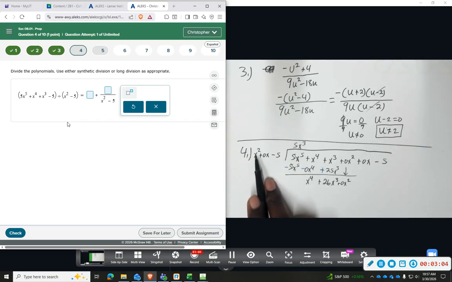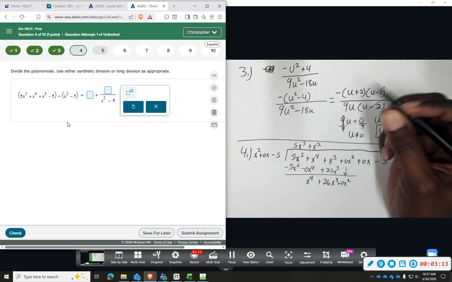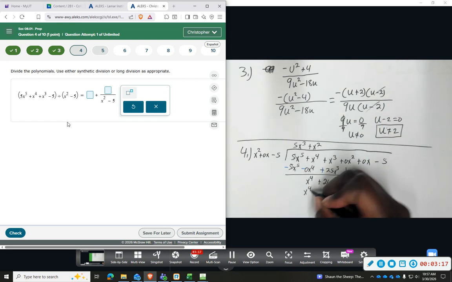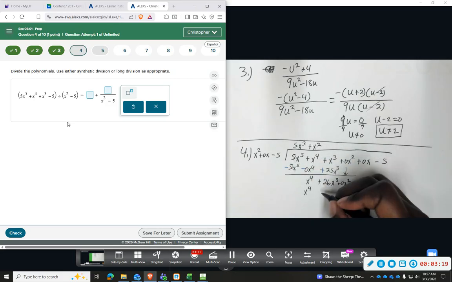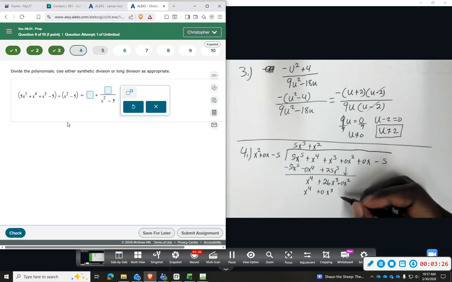So I have x squared, I'm going to get x to the 4th. I need to multiply by a positive x squared. X squared times x squared will give us x to the 4th. X squared times x will give me x to the 3rd, but it's a 0, just a placeholder. X squared times a negative 5, negative 5x squared.